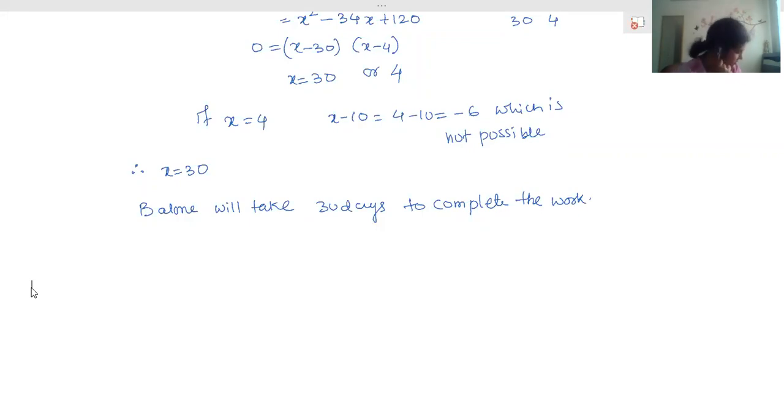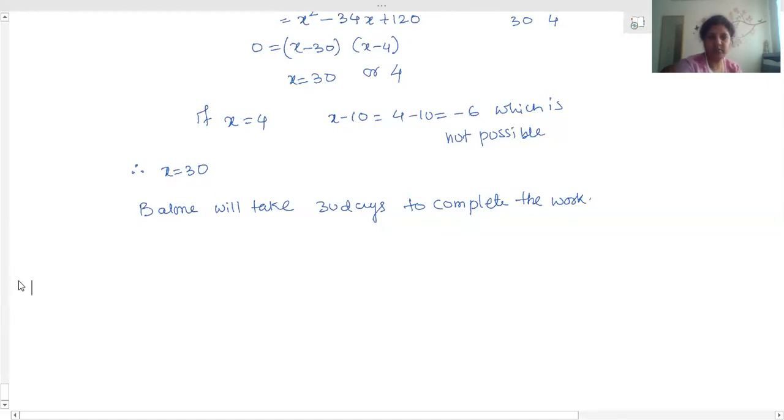Fourth one and sixth one are the same. Fifth one is important. I will solve the fifth one.